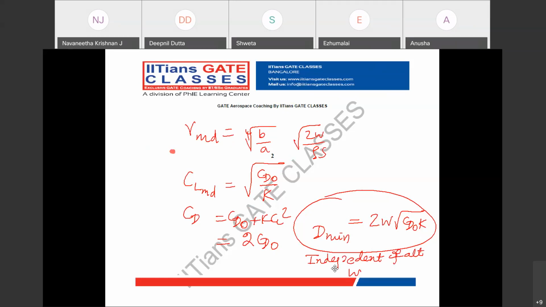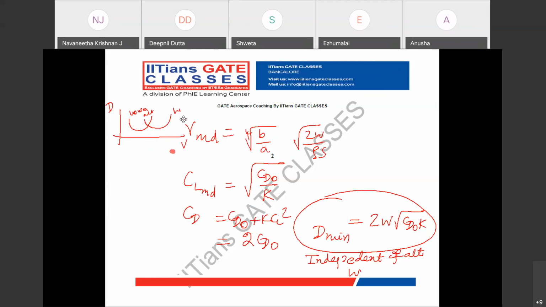Okay. So it means that as altitude increases, this is my drag versus velocity curve. This is at lower altitude, and this is at higher altitude.